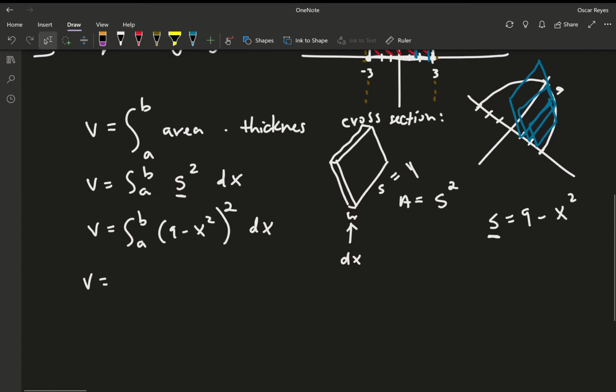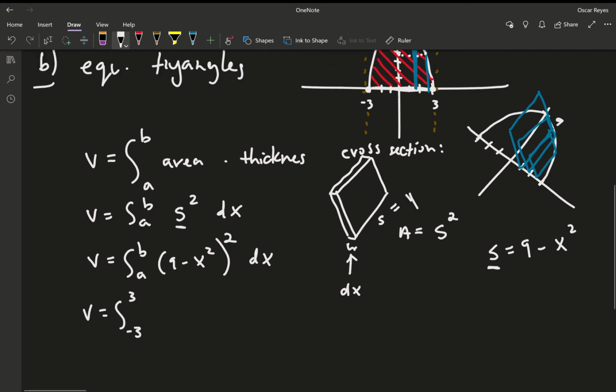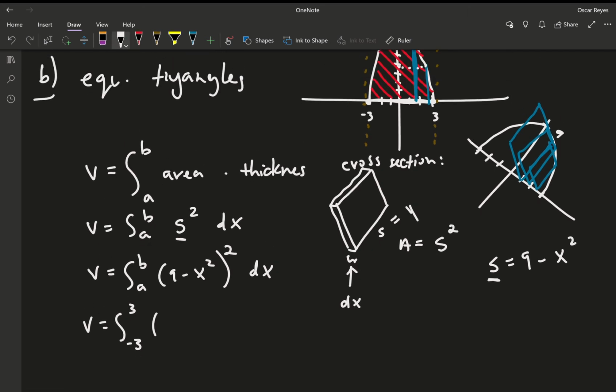So our a and b for this problem is -3 to 3. The a value is usually the smaller number, and the b value is usually the larger number. So we're looking at through 9 minus x squared dx.